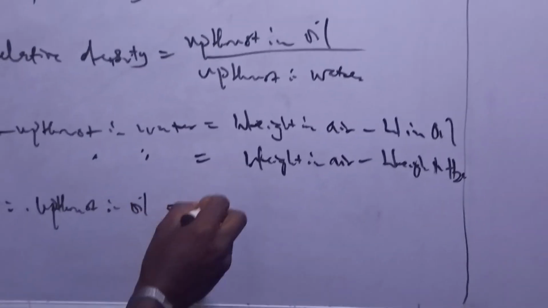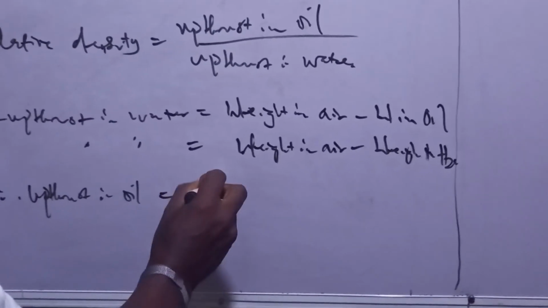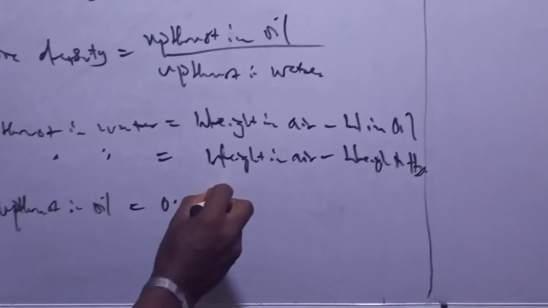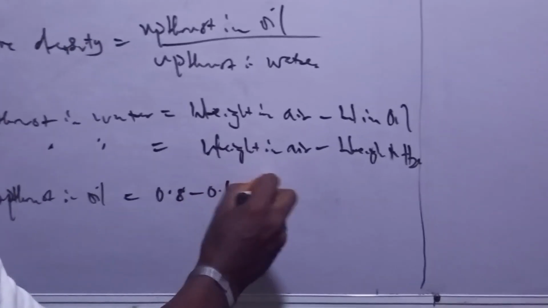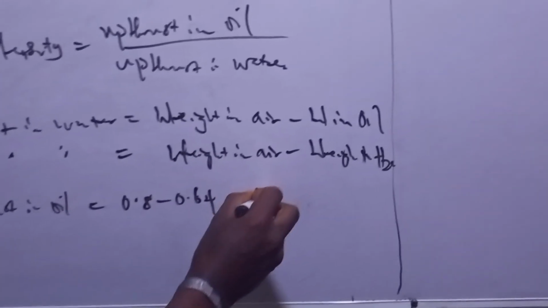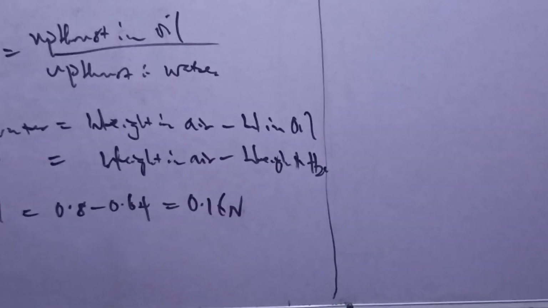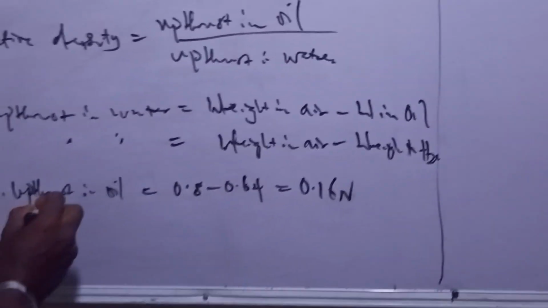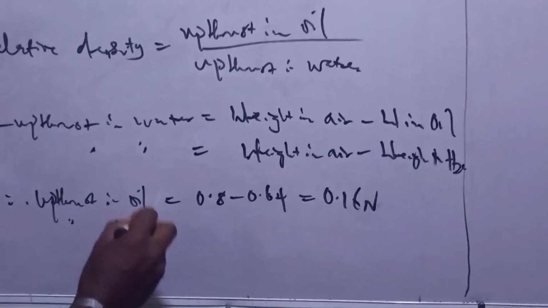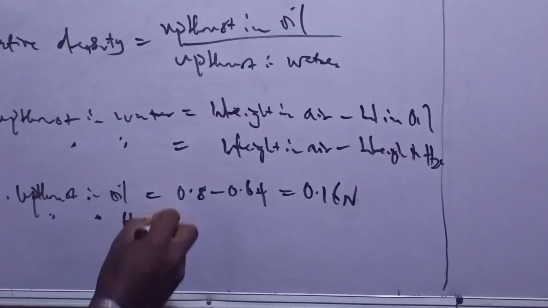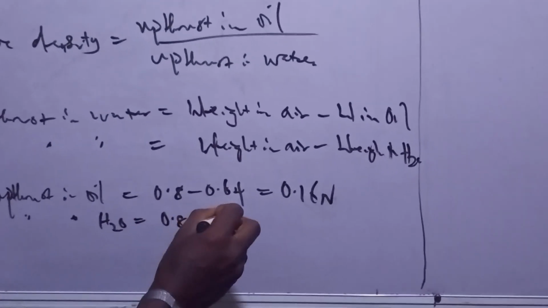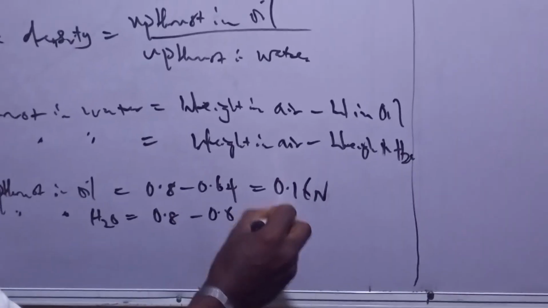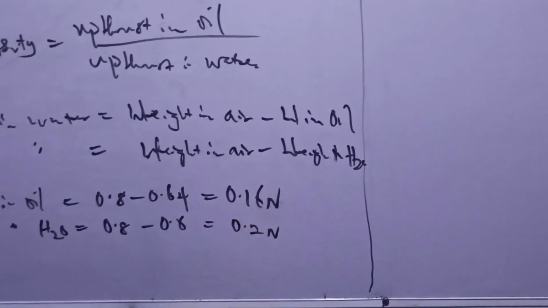Therefore, we have upthrust in oil to be equal to 0.8 minus 0.64. You will have 0.16 Newton. Upthrust in water, you have 0.8 minus 0.6. You have 0.2 Newton.